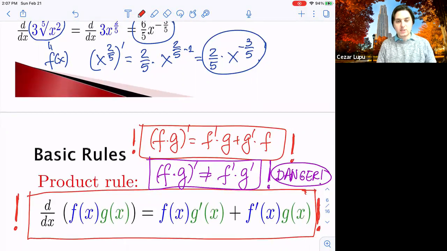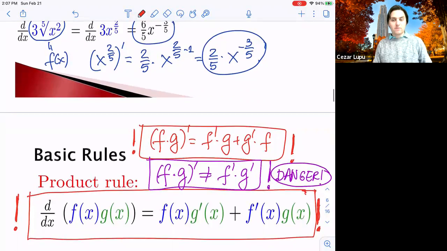Do not make the mistake of saying that (f times g)' is f' times g'. This doesn't always happen. There exist some functions for which it does, but it's not true for all functions f and g, like it happens, for example, with the sum or the difference. So the product is a little bit different.